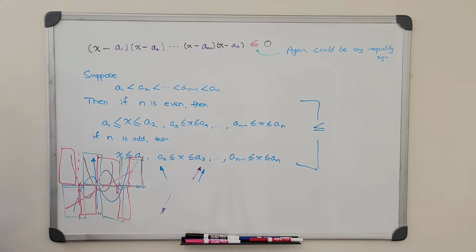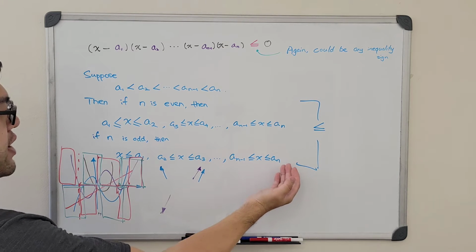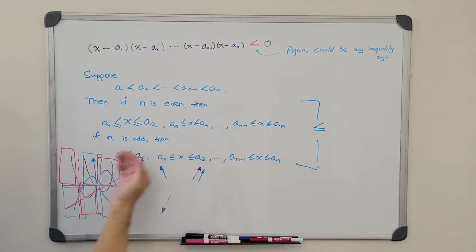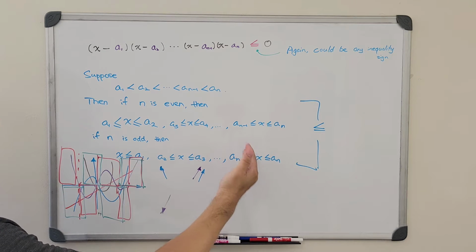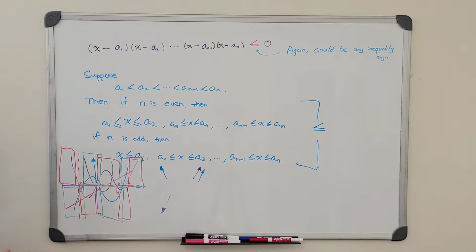So since we have positive on the most right no matter what function we have, we can also count from the most right and go backwardly to see which regions we want, and we just take every other region after we write it.